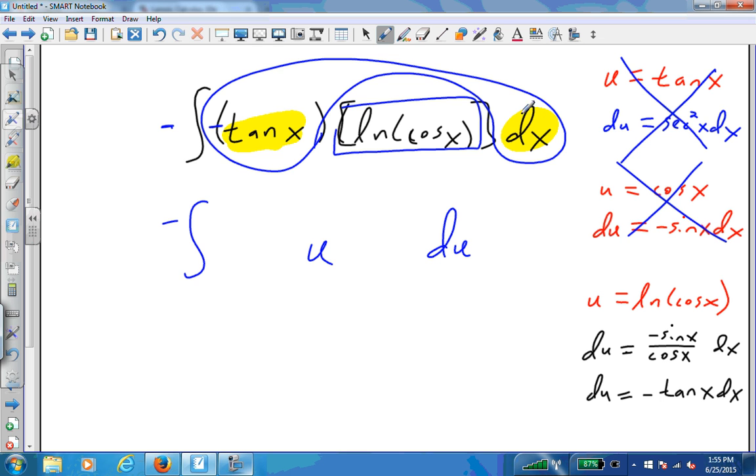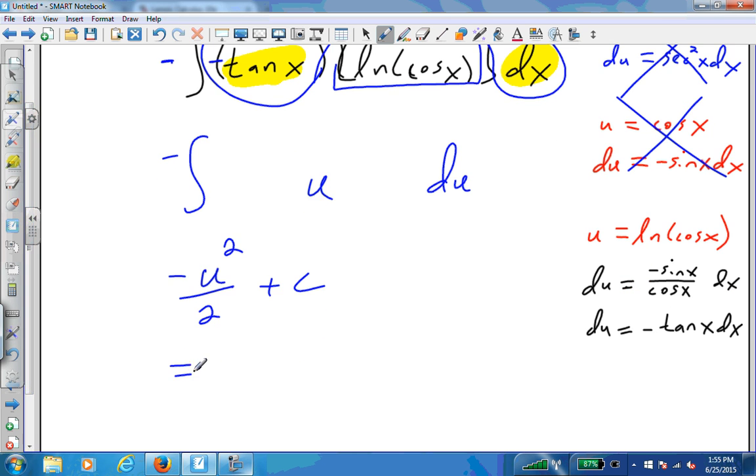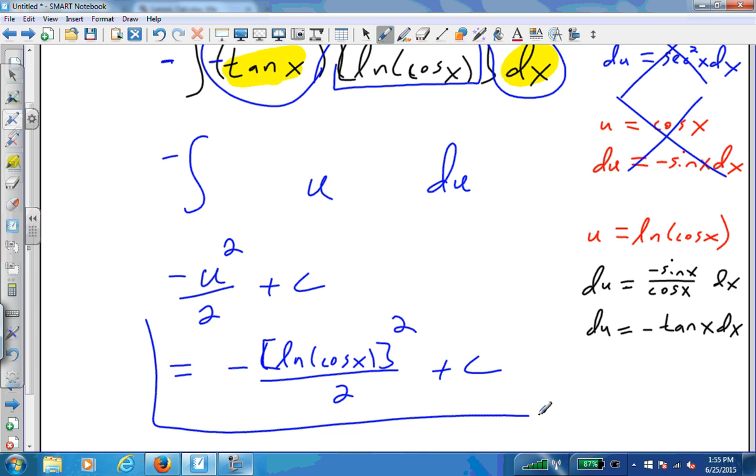So as messy as that is, that's just u du, which integrates into u to the one greater power over that power plus c. So in this case, u is natural log of cosine x, all of that squared over 2 plus c. So that's our antiderivative of that.